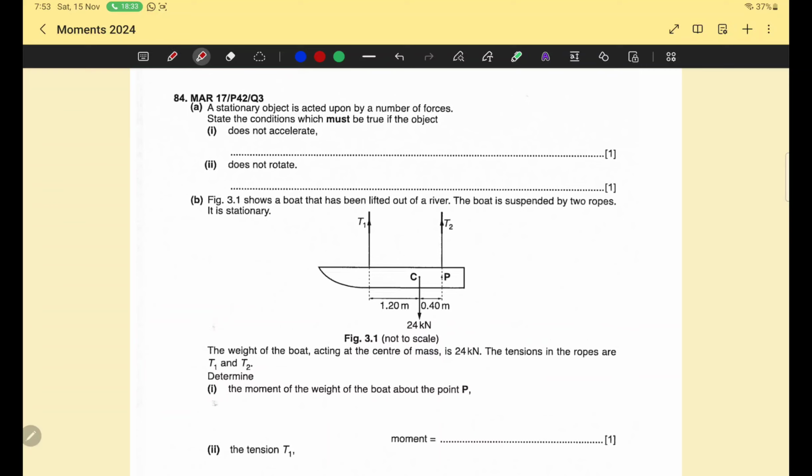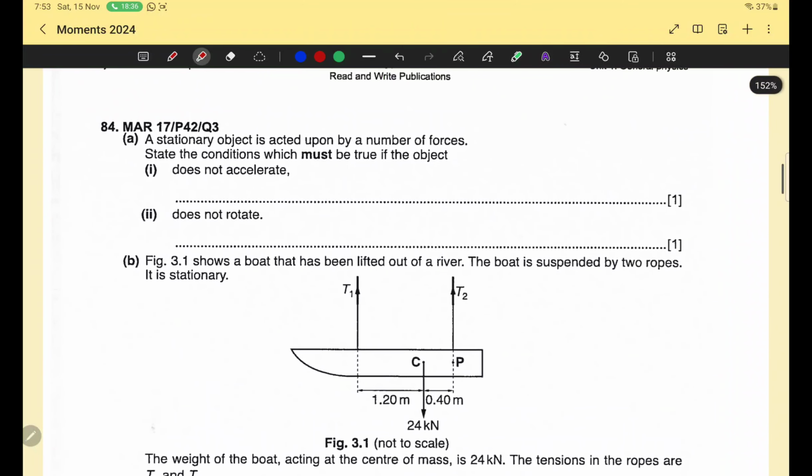So in this question, the first part is: a stationary object is acted upon by a number of forces. State the condition which must be true if the object does not accelerate. You know, acceleration is produced by force. If net force is zero, then there will be no acceleration.